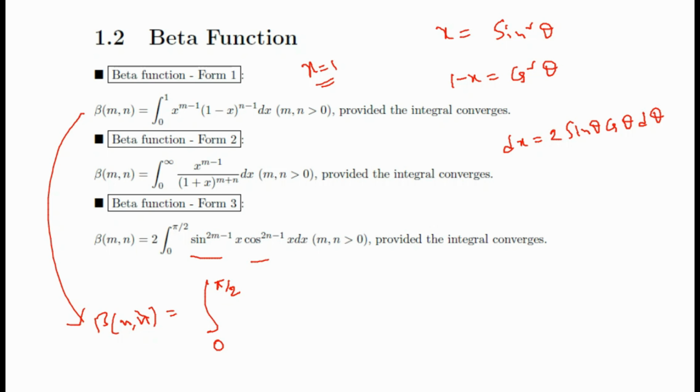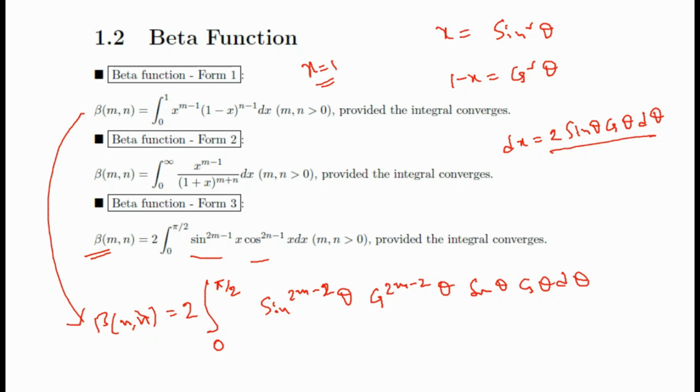And here you will get sine to the power 2m minus 2 theta cos to the power 2n minus 2 theta into dx, so 2 sine theta cos theta d theta, and you will ultimately achieve form number 3.